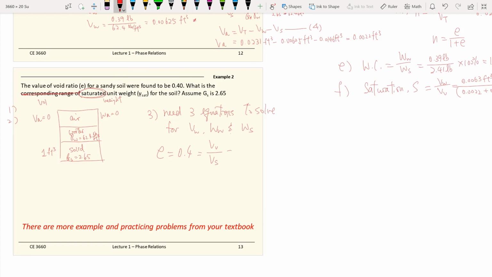And we know that the volume of solid is equal to 1. So this is equation number 1 that you use. We can solve for the volume of void, which is equal to 0.4 cubic feet.